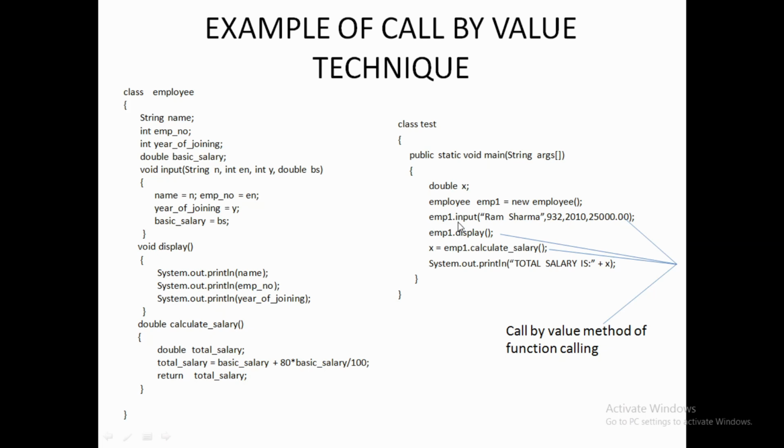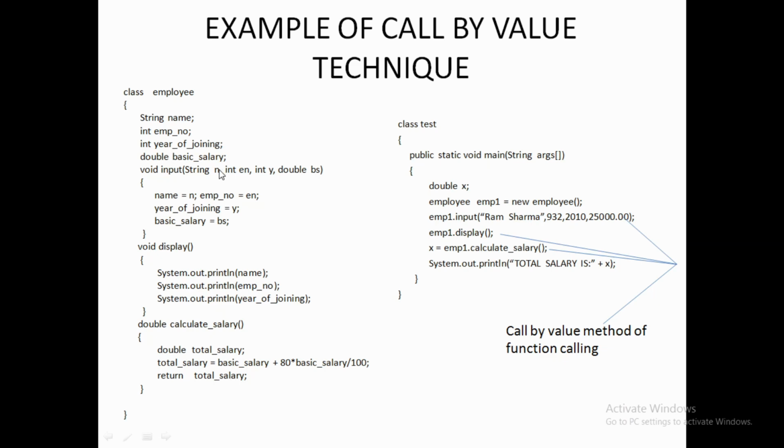After program execution encounters this line, the execution sequence jumps from this line to the definition of the input function, and the values of the actual parameters get copied into the formal parameters.